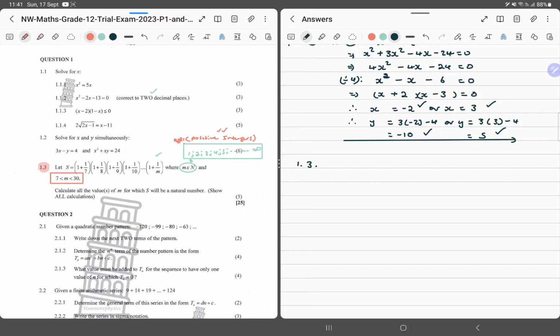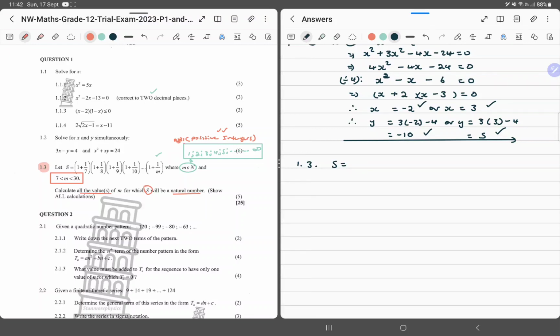Okay, great. Now it says calculate all the value or values of m for which S will be a natural number, meaning S must also be a positive integer. It says show all the calculations. Okay, so that's easy.